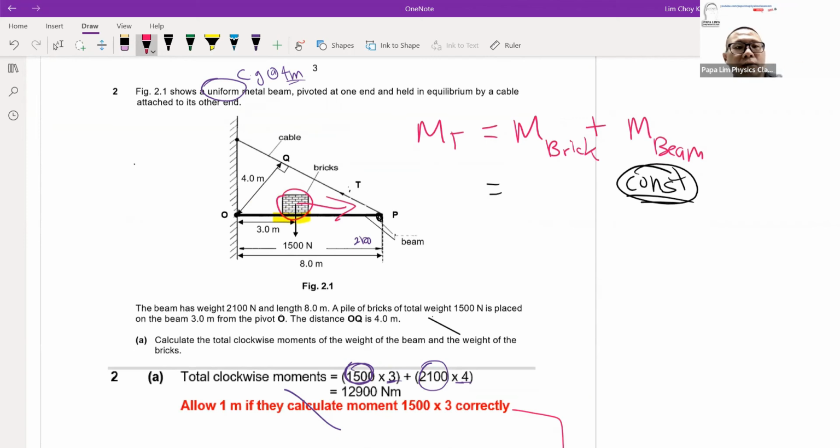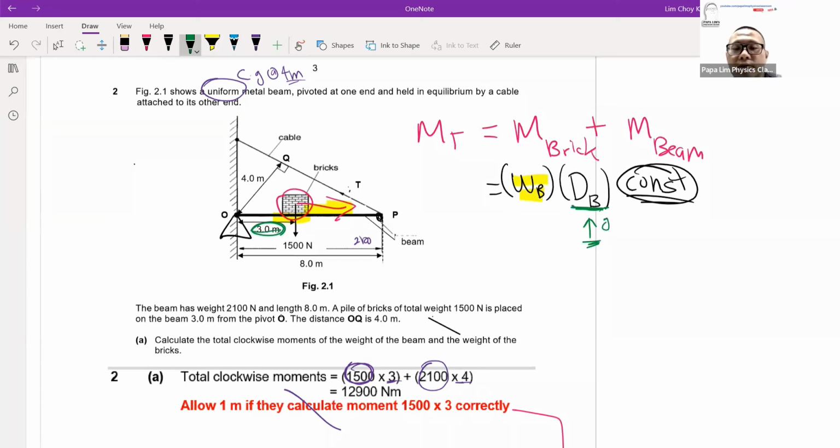Moment of the brick depends on two things: the weight of the brick and the perpendicular distance of the brick from the pivot, which is here. Now as the brick moves towards P, you will find that the weight actually remains the same. But as I move towards P, take note, the perpendicular distance actually increases.